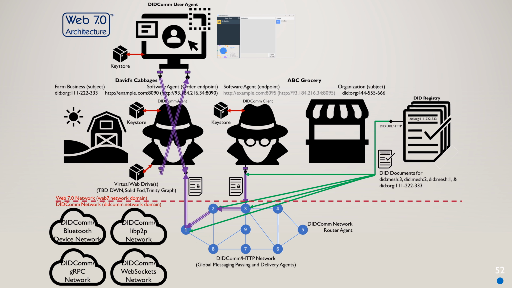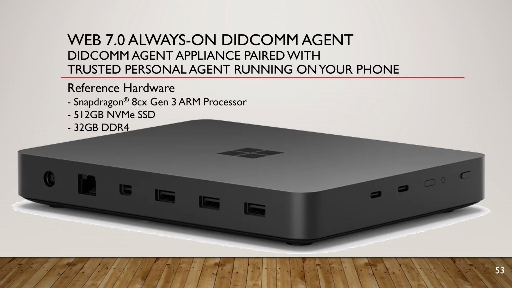Another element of Web 7.0, and it was talked about there in the elevator pitch, is that Web 7.0 is a unified software and hardware ecosystem. It's a multi-sided market. One side is the Web 7.0 software, or you could think of it as the decentralized operating system.